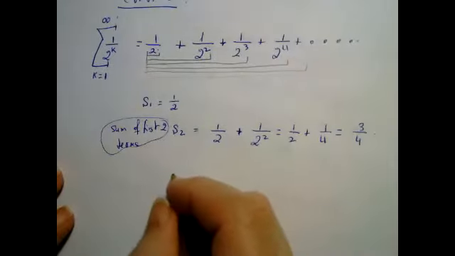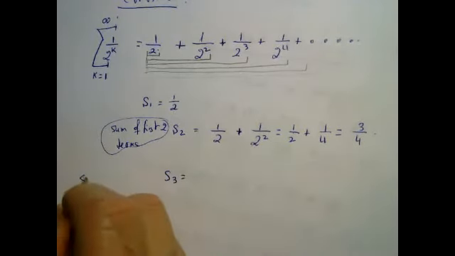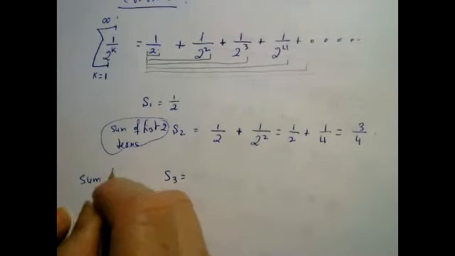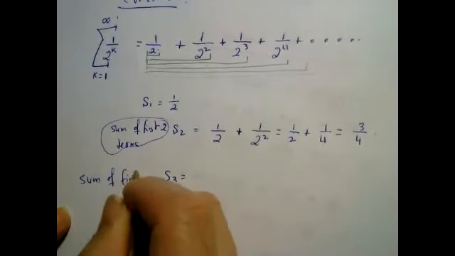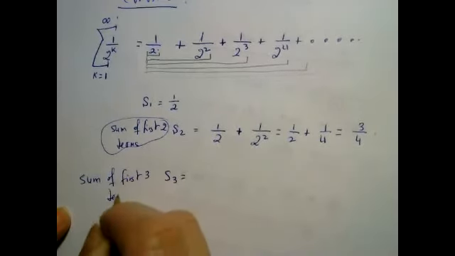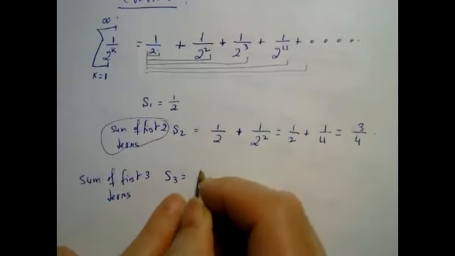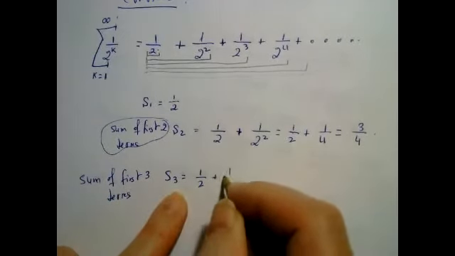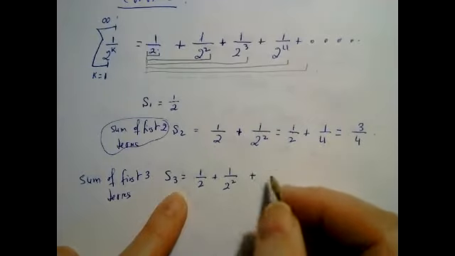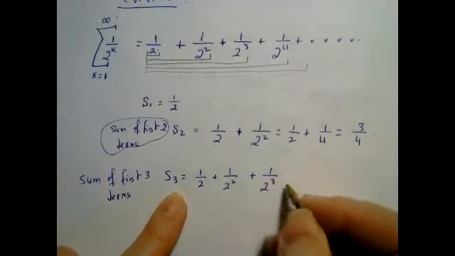Then I'm going to compute S3. S3 is the sum of the first three terms. So I'm going to take a half, 1 over 2 squared, and add to it 1 over 2 to the power 3.